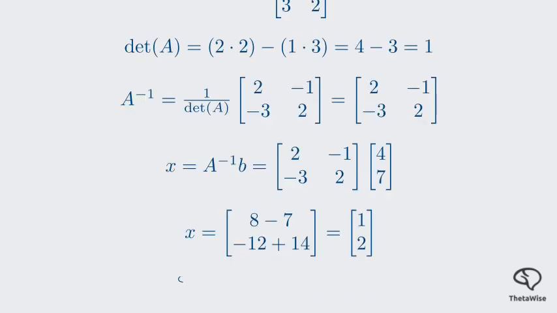Calculating this, we get 8 minus 7 and minus 12 plus 14, which simplifies to the vector 1, 2. So our solution is x1 equals 1 and x2 equals 2. This method works perfectly when A is invertible, but what if it's not? We'll explore that next.